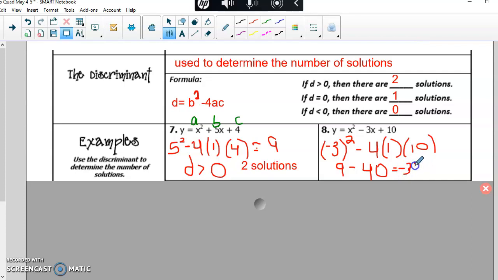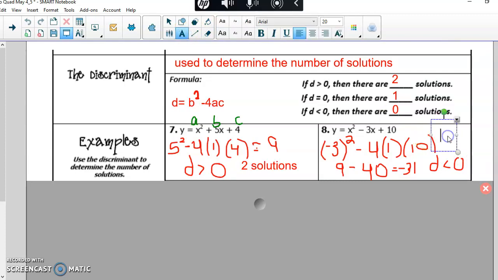My discriminant is now negative 31, which is less than 0. So in this situation, I have 0 solutions, which means this graph does not actually cross my x-axis.